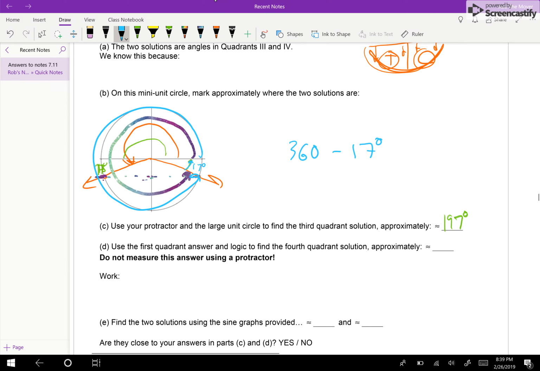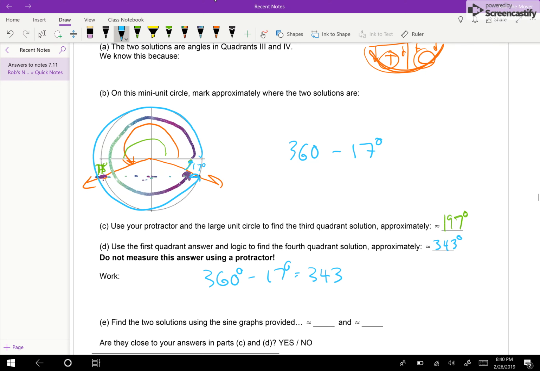So what is that one? 360 minus 17 is 343. I could have used my workspace here. 360 minus 17, 343. I'm beginning to really like this tablet. I'm getting a little bit better at writing here. Sorry, it's a little tough at first.